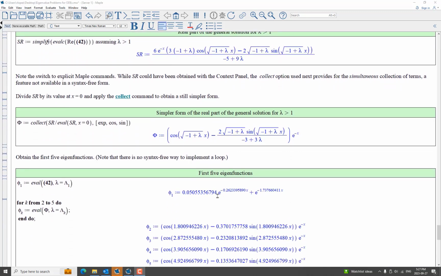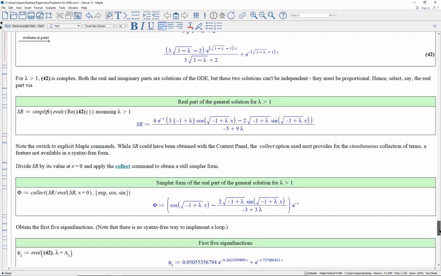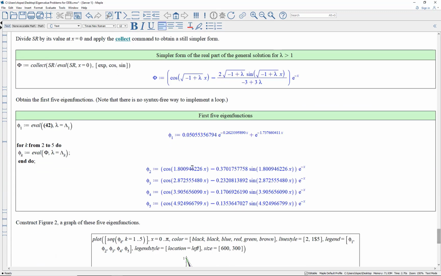So here's the first one. You take that expression 42 over here, up here, and you put in lambda equals the first member of that list of eigenvalues. And the remaining 4, you put it into this expression. And you get these 4 eigenfunctions.